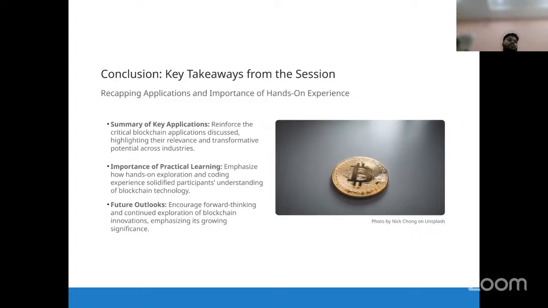Okay. So here I want to conclude by saying that this reminds us of the important blockchain concepts we discussed. We understood how different industries are implementing blockchain technology, and how blockchain technology is efficient, secure, and transparent. We went through all of them.